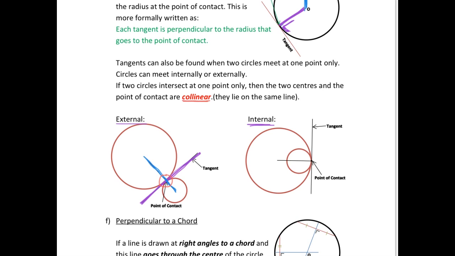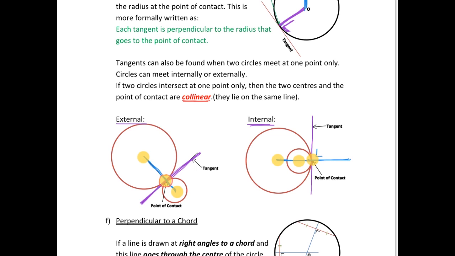If we draw a tangent through that point of contact and look at the line containing the two centers and the point of contact, not only is that line perpendicular to our tangent, but it shows that our two centers, here and here, as well as our point of contact, are all collinear, just as in the external case.